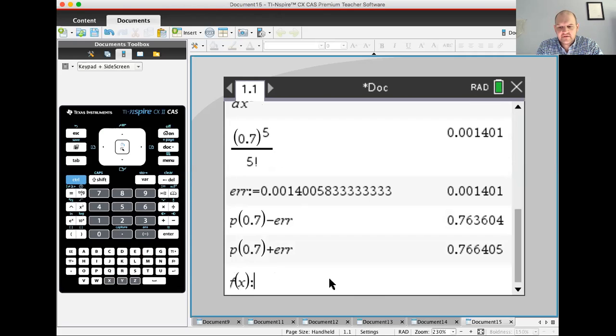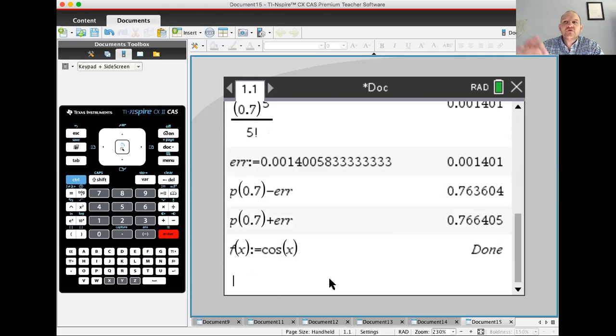So the actual value should be, did I store F? F of x is cosine. So the cosine of 0.7 should be in between 0.764 and 0.766. Because of rounding, 0.766 is actually smaller than 0.7664. Depending on how you're doing the problems, you could actually get false here, because maybe cosine of 0.7 is actually 0.7661.